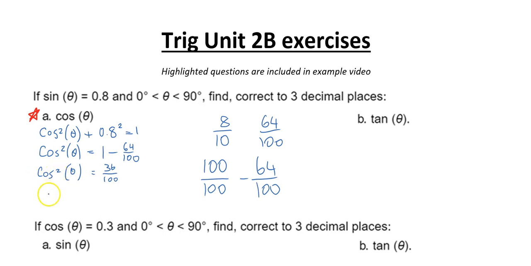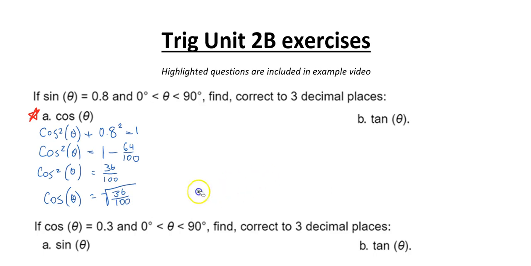The opposite of squaring something is square root, which is the same as saying square root of 36 over square root of 100. We know what the square root of 36 is, and we know what the square root of 100 is.